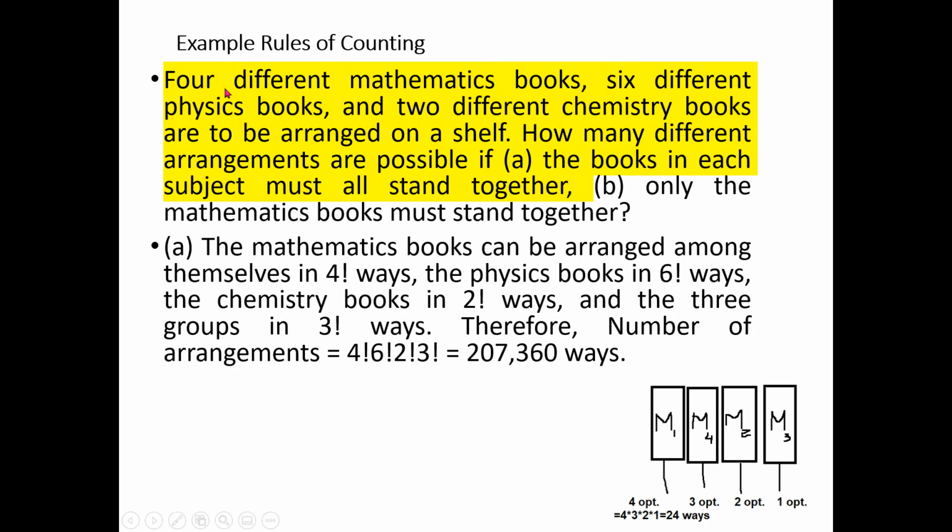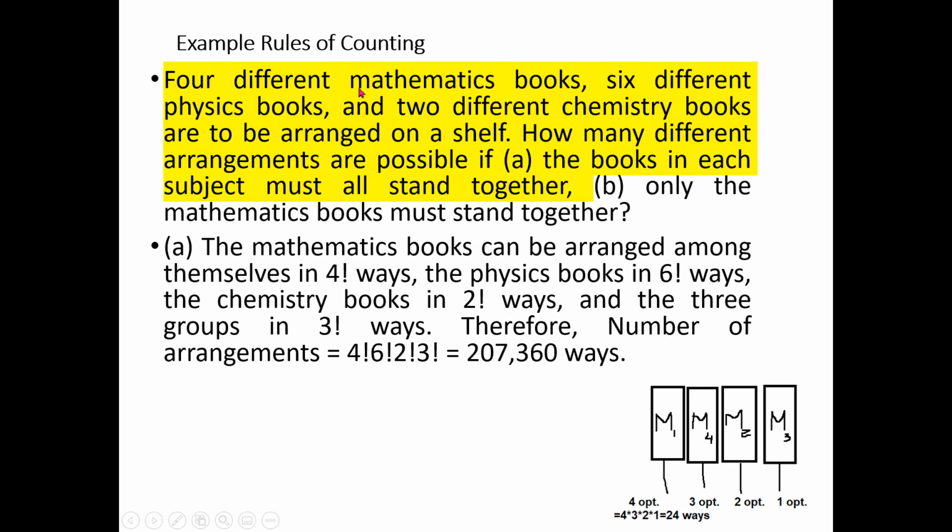So for example, if I focus only on the mathematics books, here in this diagram I have represented these rectangles as books. The first math book could be any of the 4. So we have 4 options for the first math book, and for the second it could be any of the remaining 3 maths books, and so on. So we have 4 into 3 into 2 into 1, 24 different ways to arrange maths books.